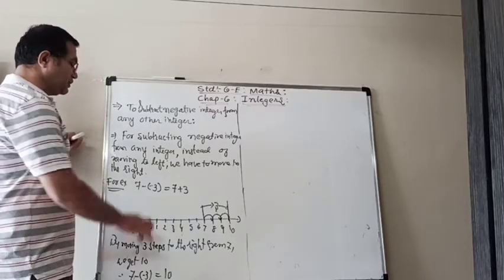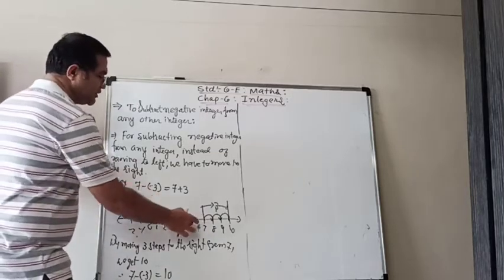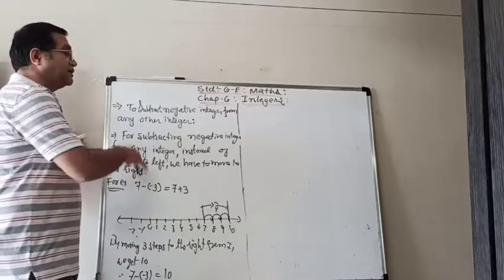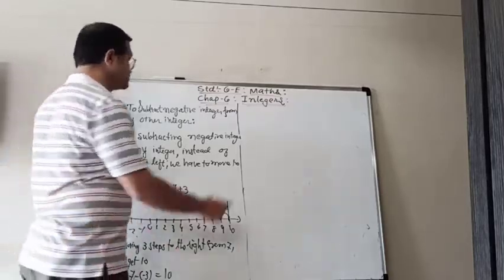So that is very important. Otherwise we will do 7 minus 3, 1, 2, 3, and get the answer 4. Then they are totally wrong.